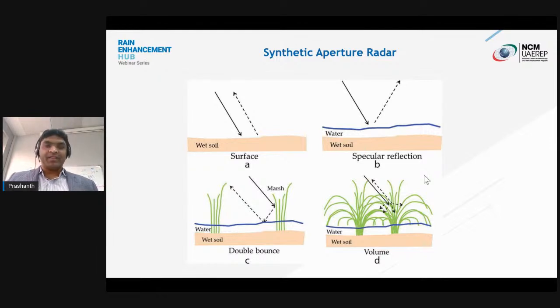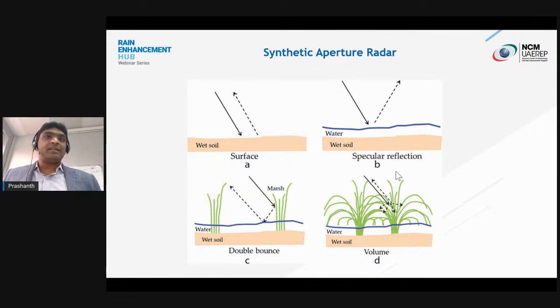So, for example, if you have a rainfall event and it's flooded, the areas that are flooded appear dark on these radar images, but the areas that have wetness, or those areas that are not flooded but have significant soil moisture, reflect brightly. So this is a very good indication to differentiate between flooded areas and wet areas compared to dry areas, basically.